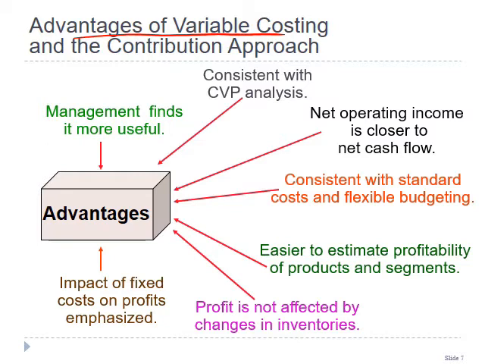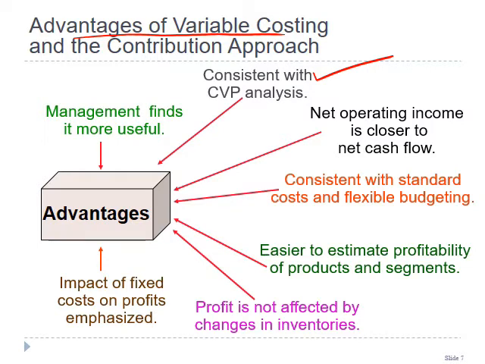We just pick the data and you can find out what decisions to make, and that's it. You don't need to go through extra calculations. Like with absorption costing, you need to segregate which part of the manufacturing overhead is variable and which part is fixed.